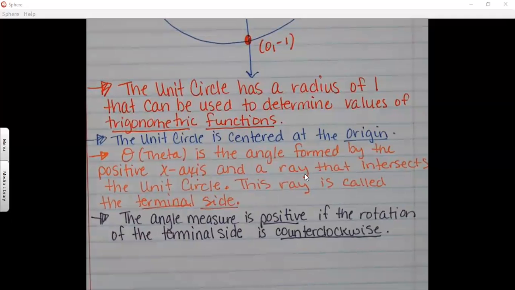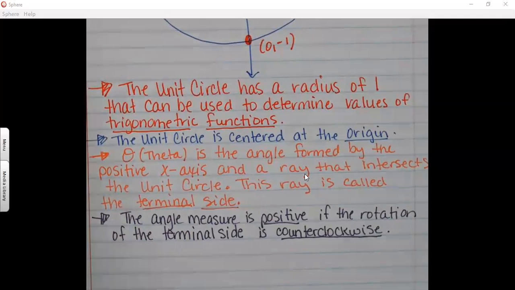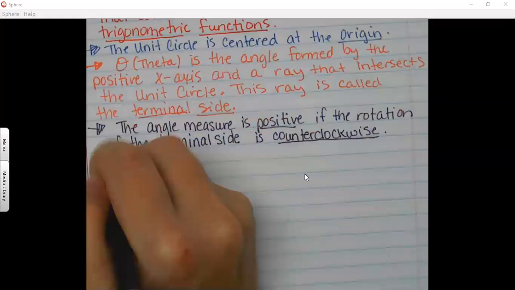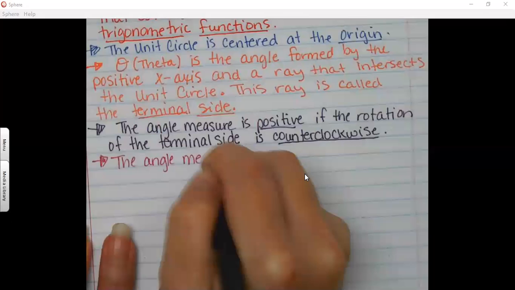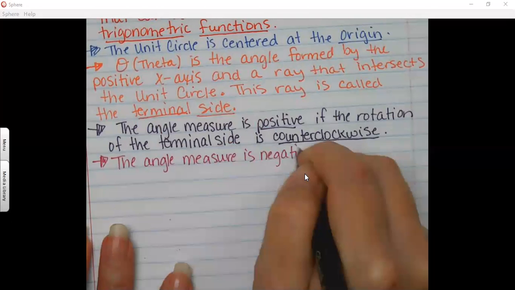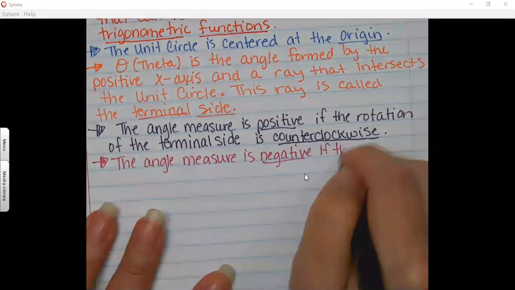The angle measure is negative if the rotation of the terminal side is clockwise.